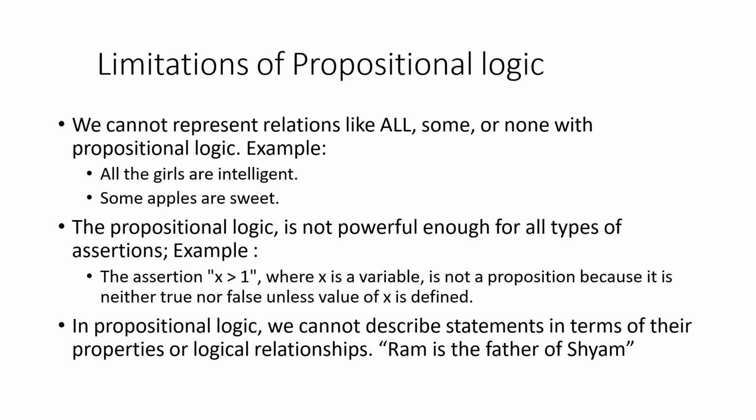So the logic does not understand who is related to whom. It will only represent Ram father Shyam as one word, one symbol. Because of this limitation, propositional logic is insufficient for representing complex real world knowledge. To overcome this limitation, we use first order predicate logic.